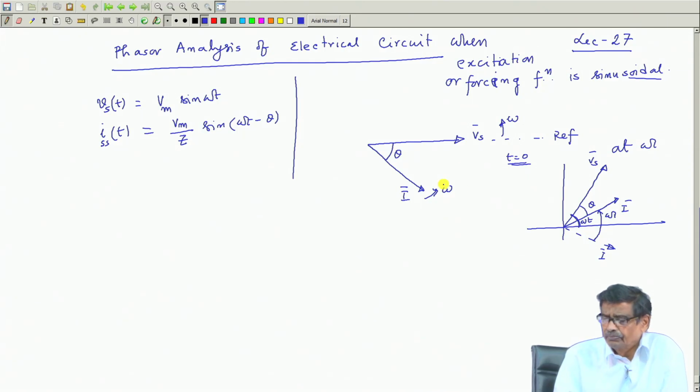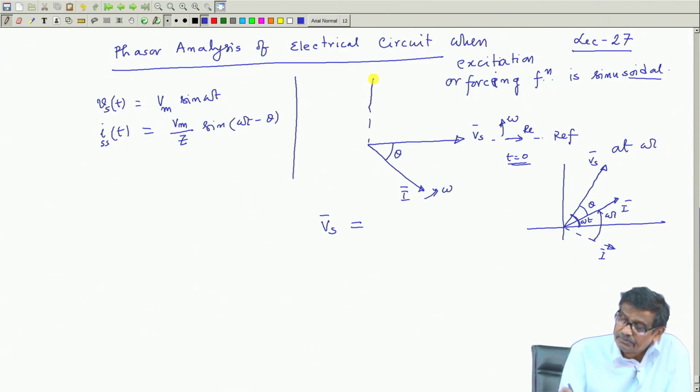But anyway, I will always draw the phasor diagram in this way, that is, at omega t equal to 0, Vs is occupying the reference. If I think that it is a complex plane, with this as the real axis and this as the imaginary axis, then I will say Vs bar is only having a real part.